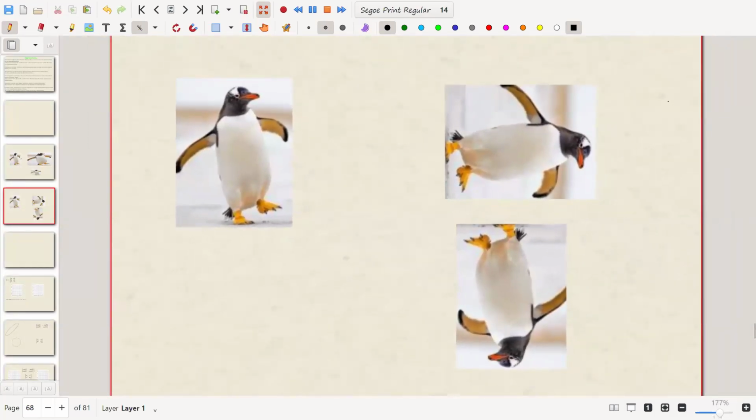What you do here? You rotated this clockwise, maybe 90 degrees, and this penguin landed here. Then you rotated again clockwise 90 degrees, and this penguin lies here. So this is the rotation. I am giving you an example where your pixels are getting rotated.